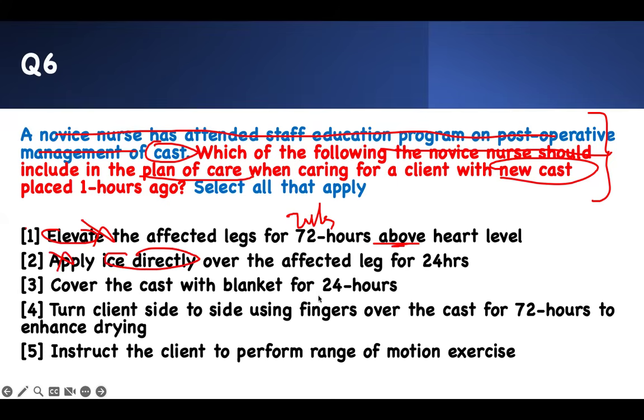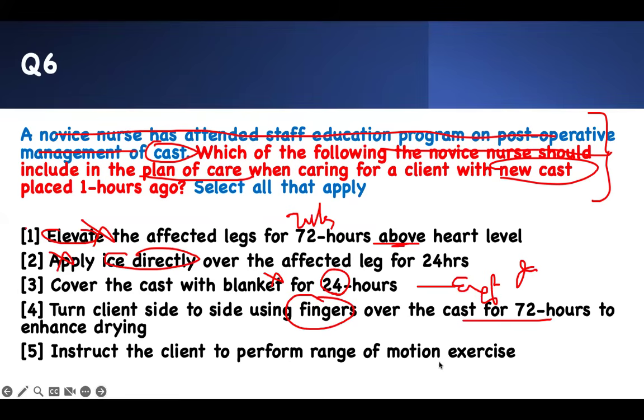Cover the cast with a blanket for 24 hours? No, you should expose the cast so that it can dry. So this is wrong. Turn the client side to side, right? But you should not use your fingers because it will indent the cast and destroy it. It's okay to turn the client so that the cast can dry, but not with your fingers.